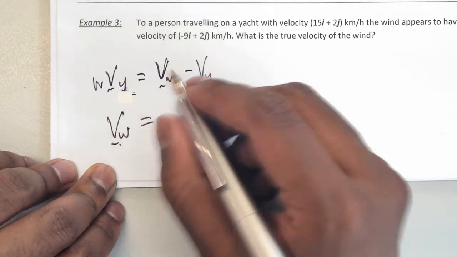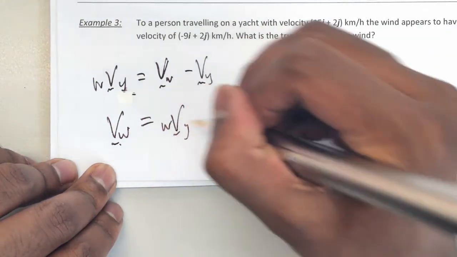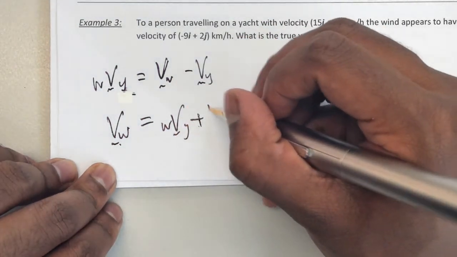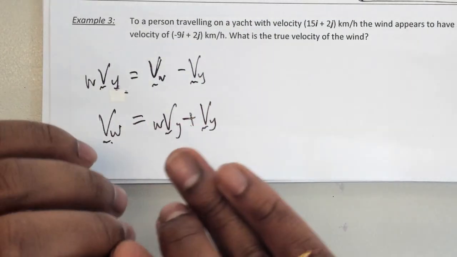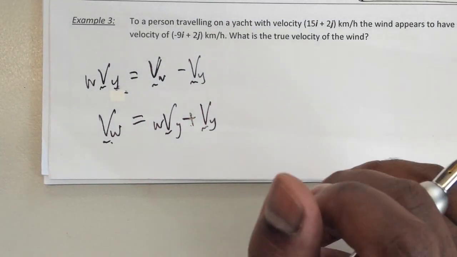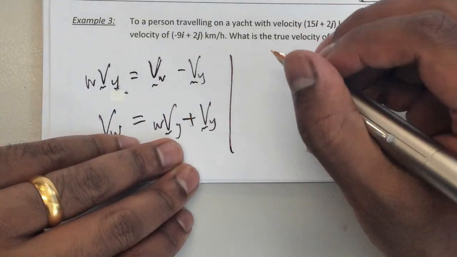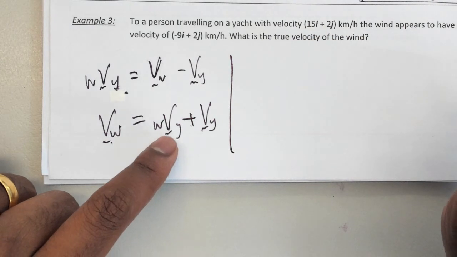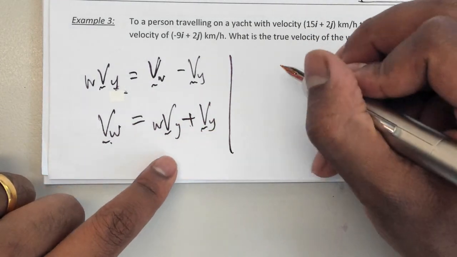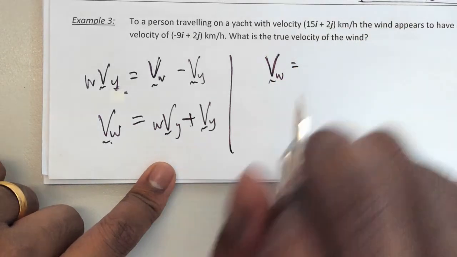So we're just going to rearrange this equation here to velocity of y plus that. So just some very simple rearranging. So which one of these do we put into my formula?